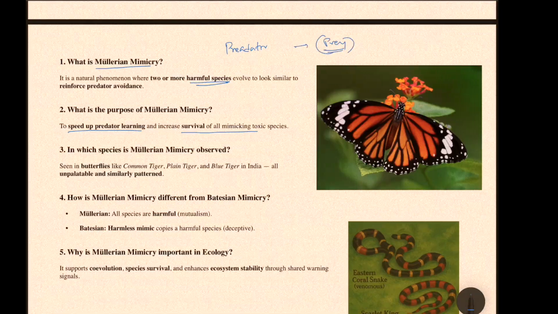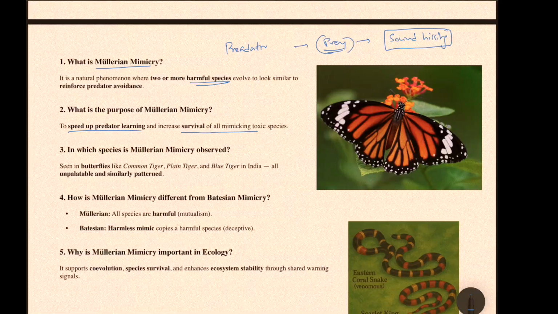Let's say the prey, for example an insect, has evolved a unique thing. For example, it is making a hissing sound to tell its predator that it is harmful or non-palatable.